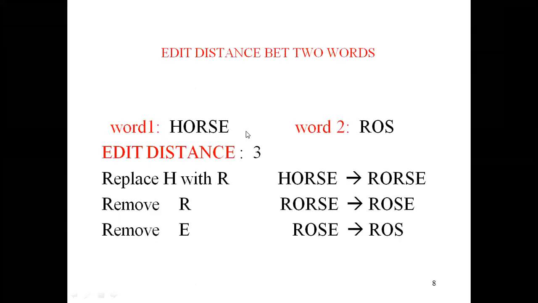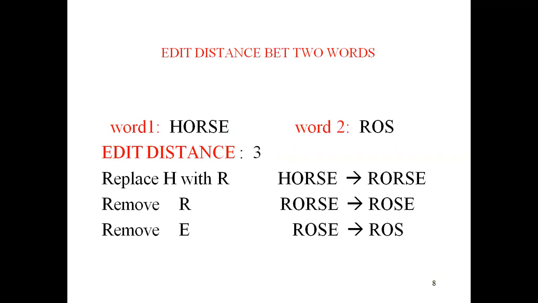See the example of edit distance between two words. We have word 1 and another one, word 2. In word 1, we have horse, H-O-R-S-E. The spelling is H-O-R-S-E.